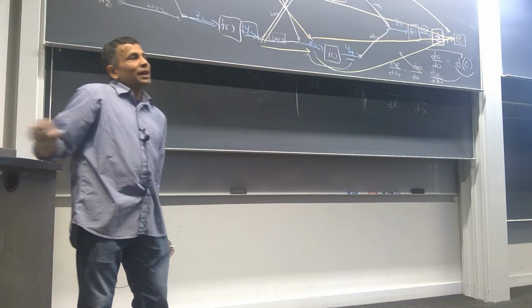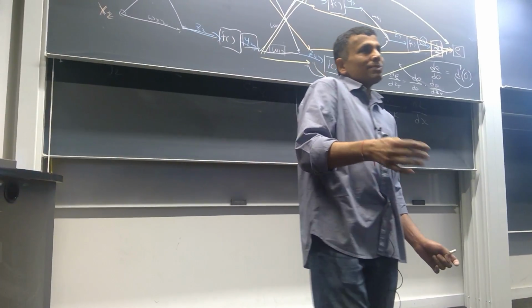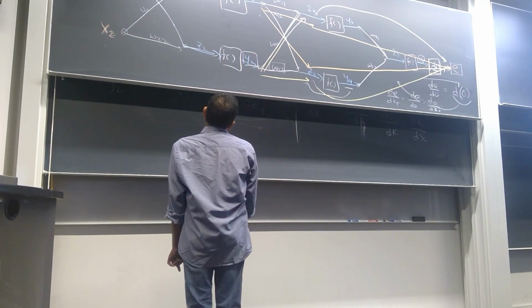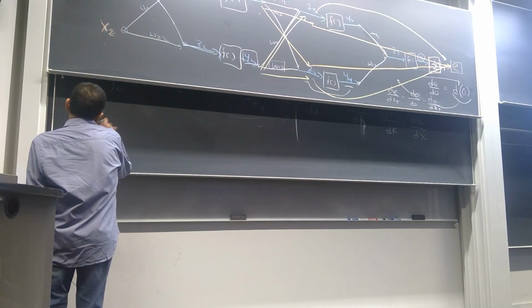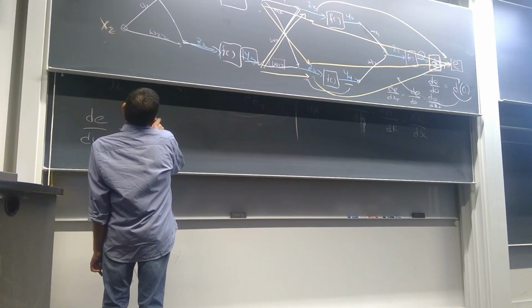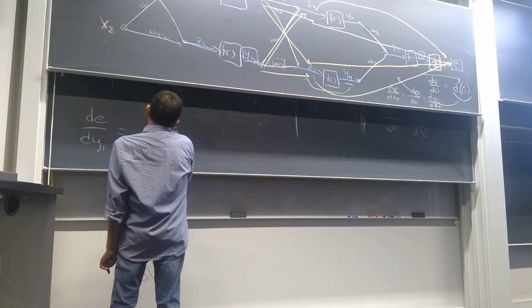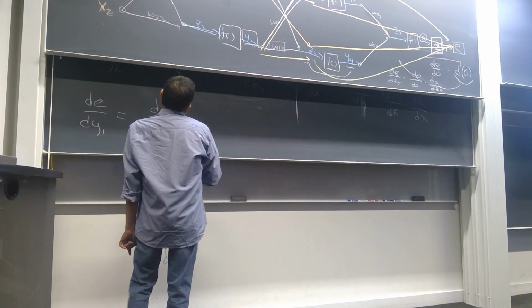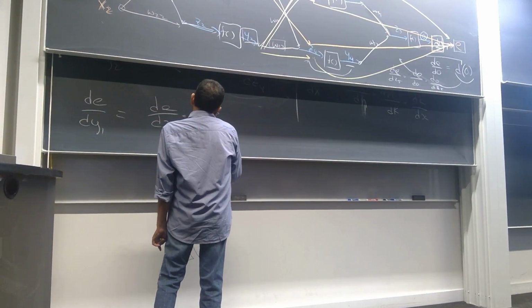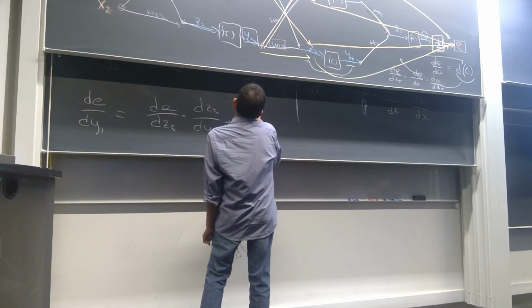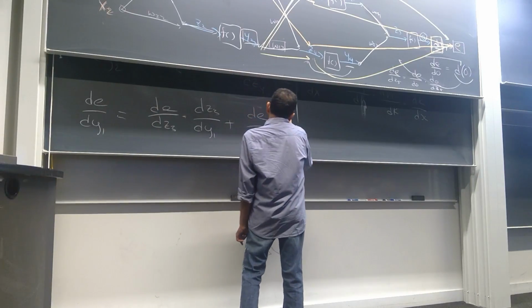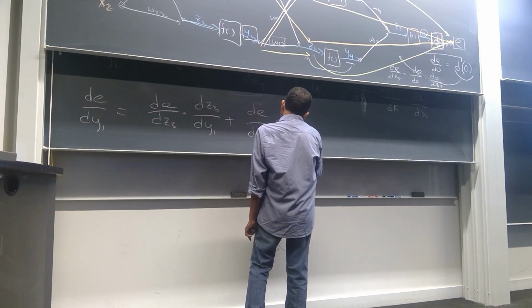Now I'm going through this in a little bit of painful detail because this means I can take a shortcut in the next several slides. So this is going to be dE over dy1 equals dE over dz3 times dz3 over dy1 plus dE over dz4 times dz4 over dy1.